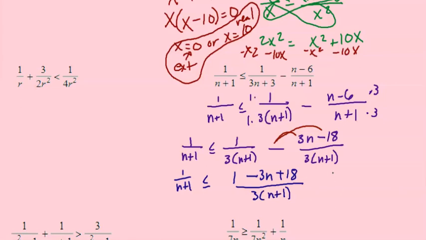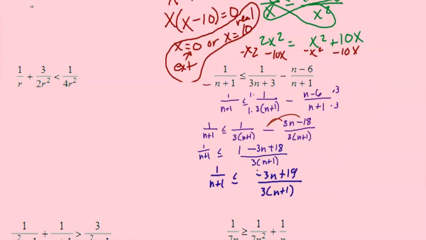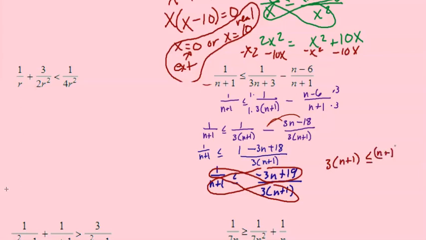Okay, combine like terms. And we're going to cross multiply these. So then we have 3 parentheses n plus 1 less than or equal to n plus 1 times negative 3n plus 19. Well, the n plus 1s could just be divided out and canceled.